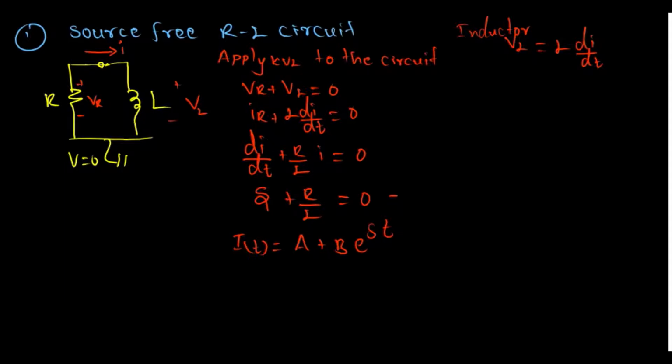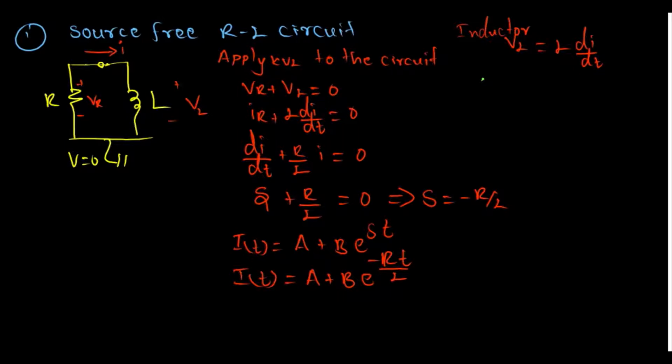From this we know S is equal to minus R over L. So I(t) is equal to A plus B times e to the power minus Rt over L. This is the answer, but we need to find what A is and what B is.